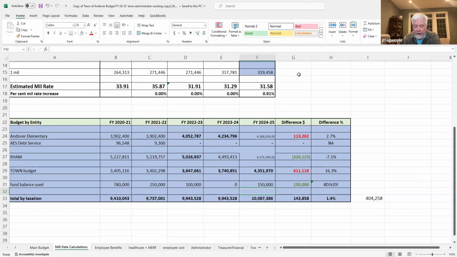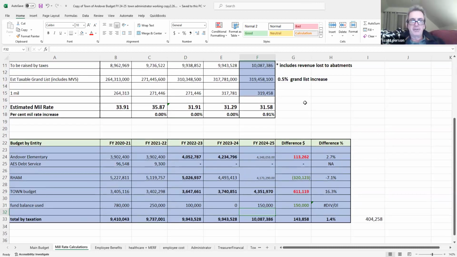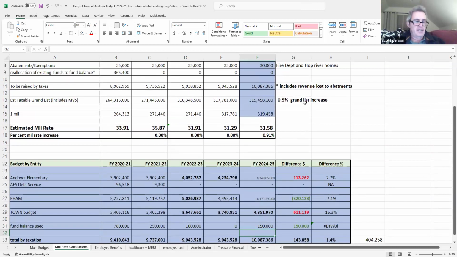Is there anything else anybody wants to talk about at this meeting? What's the mill rate? It's negligible, right? To change from 0.46 to what it is... It's basically a change of about 0.3 in the mill rate. 0.03.